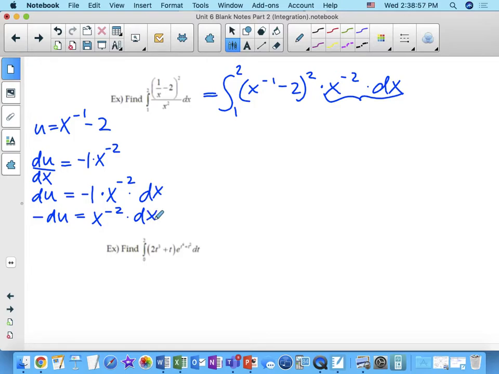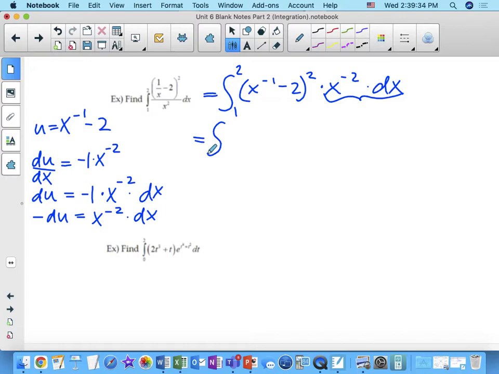Okay, and now I'm ready to do all of the substitution. So this is going to become the integral. Now, let me talk to my peeps and find out about the 1 and the 2, because to be honest, it doesn't really make sense to put the lower limit of 1 and the upper limit of 2 there, because those apply to the variable x.